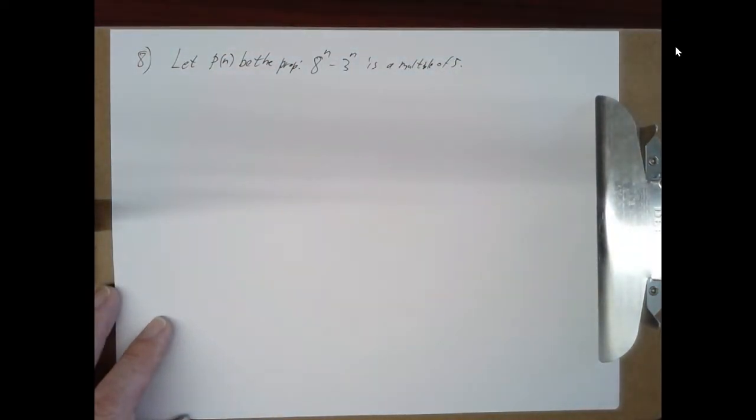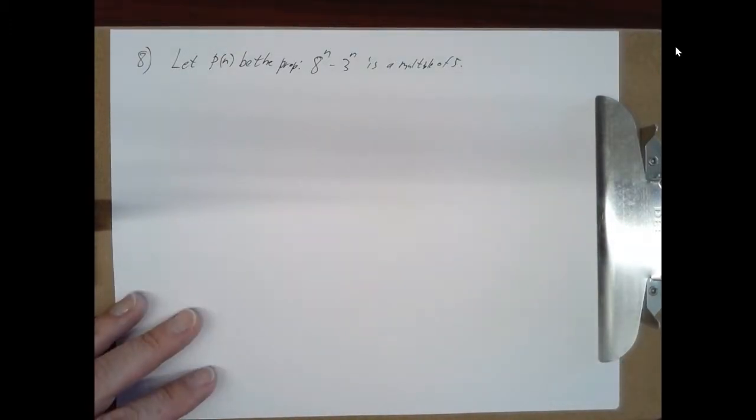And in the book, I don't like the way they phrase that. They said, let P of n be a to the n minus 3 to the n is a multiple of 5. I don't think that's totally clear. If you put that statement in quotes, like let it be, quote, a to the n minus 3 to the n, that's a little clearer. But I would say let it be the statement or the proposition that a to the n minus 3 to the n is a multiple of 5.